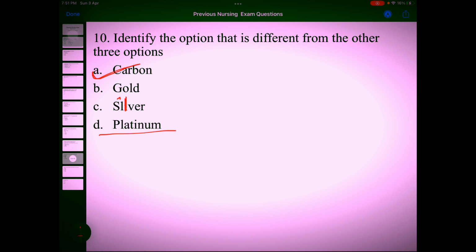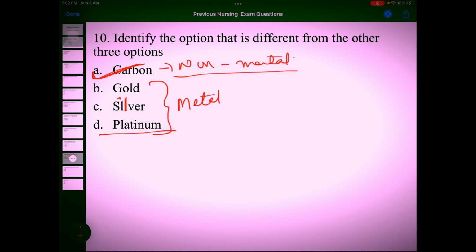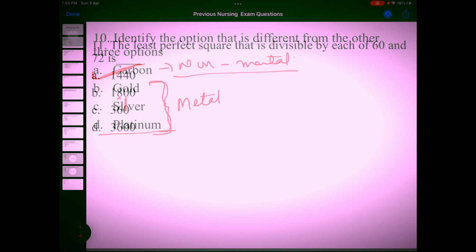Carbon is a non-metal, and all these 3 are metals. So carbon is different from all these 3 options given. The correct option here is option A.